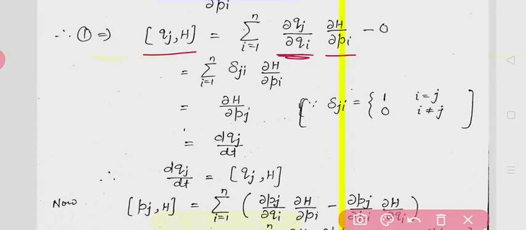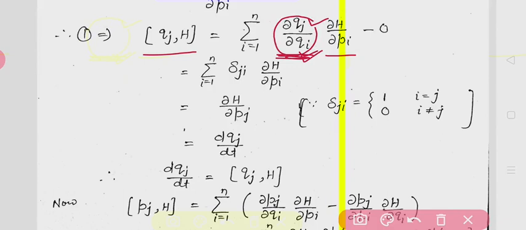Whenever you find the derivative of the variables, j is also varying and i is also varying. So what will it be? When you are finding the partial derivative of qj with respect to qj, then only it will be 1, otherwise it will be 0. So when i is equal to j, this value will give 1, otherwise 0.